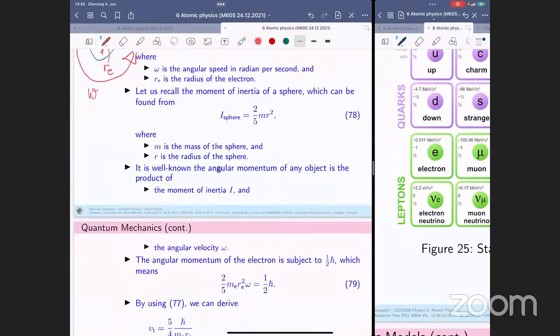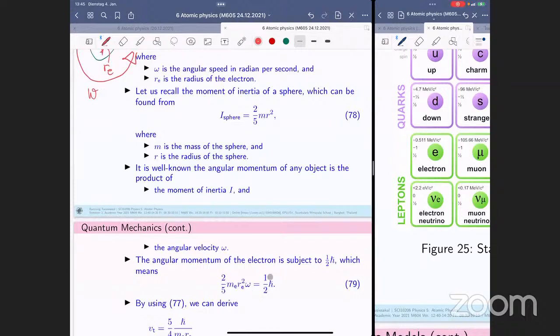So once you multiply this term, 2/5 m r squared, by omega, you get the angular momentum, and the angular momentum is h-bar over 2.